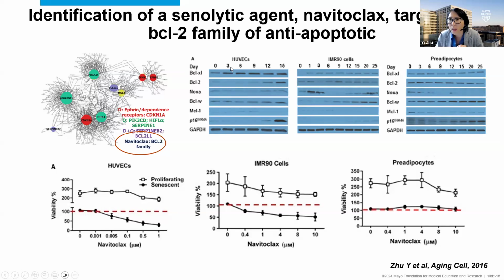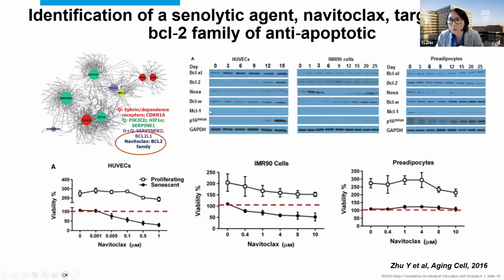So I tested BCL2 family members across 3 different cell types, HUVECs, IMR-90s, and adipose tissue stem cells, like pre-adipocytes. We induced senescence by inducing DNA damage, and then we did a time course to examine how BCL2 family members change.